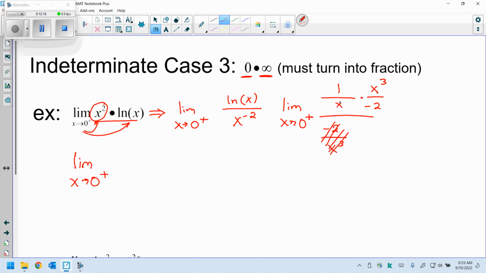And it looks like when I resolve the x's, I'm going to get an x squared on top. And putting a very small positive number in here, I'm going to get 0-ish over negative 2-ish. I'm going to really get close to 0.